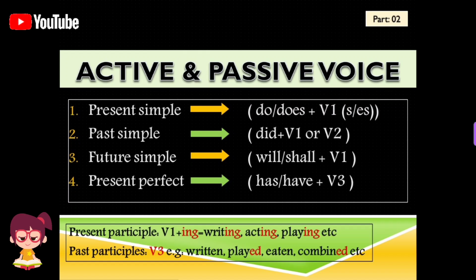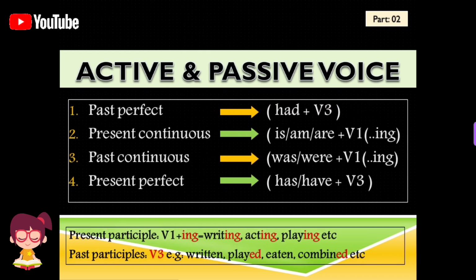For that, I want to show the slides which I have designed and prepared for you, just to give you the concept of which helping verb and what form of verb we use in all these 12 tenses. I'm not going to read these slides.